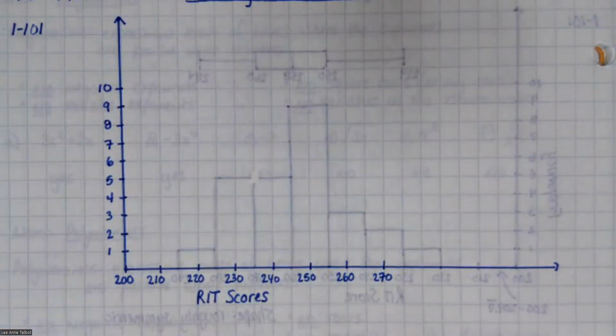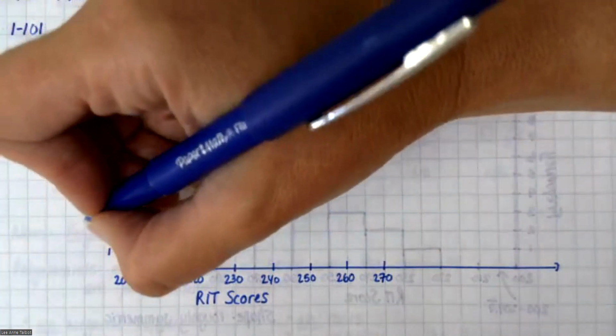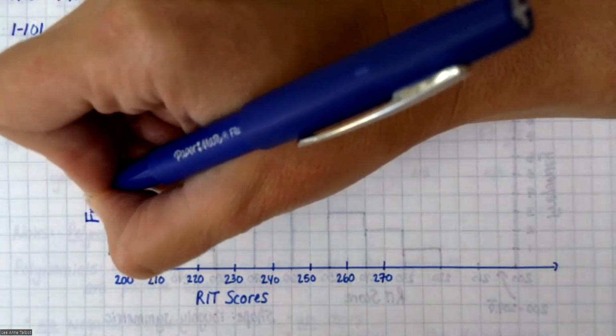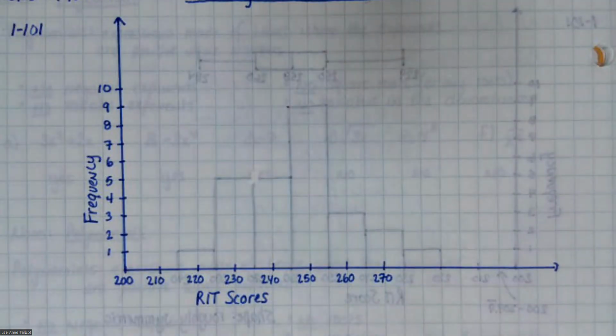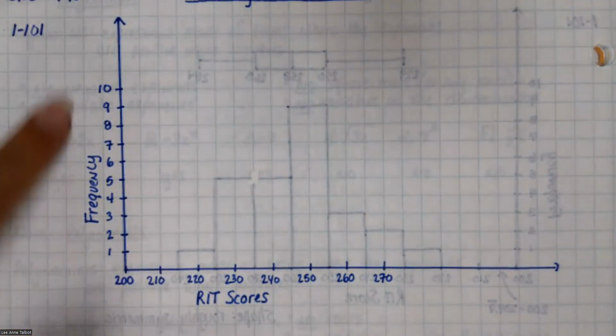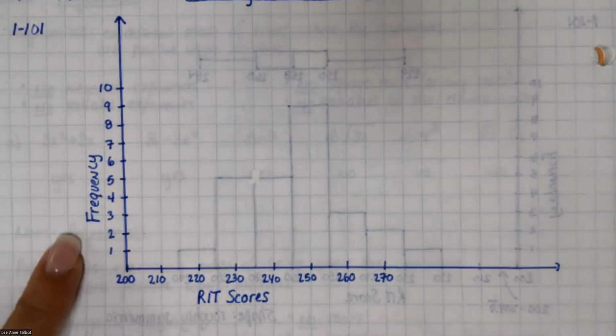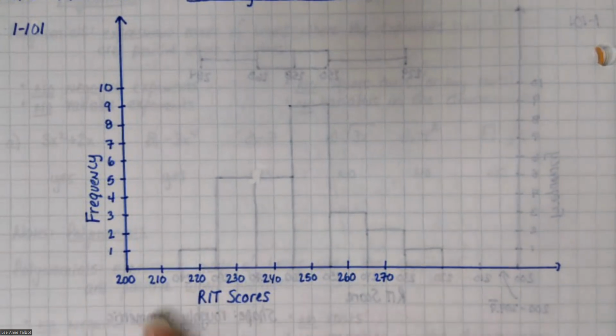And I'm just taking a stab in the dark here, going up to 10. And the label for the y-axis of a histogram is always frequency. So this side is always exactly the same for all histograms. This just depends on your data.